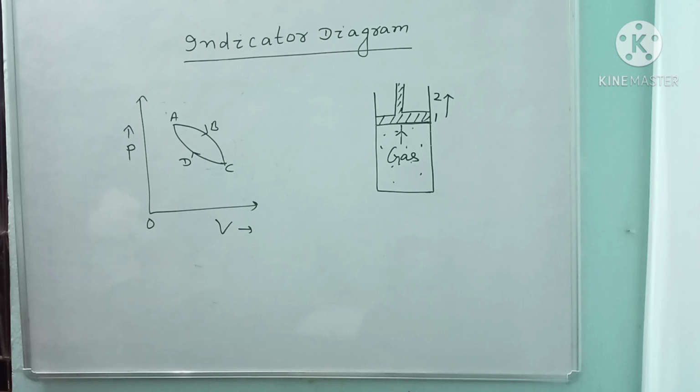The graph is A, B, C, D, A. It starts from A and ends at A. So it is a cycle. Suppose one makes like this.